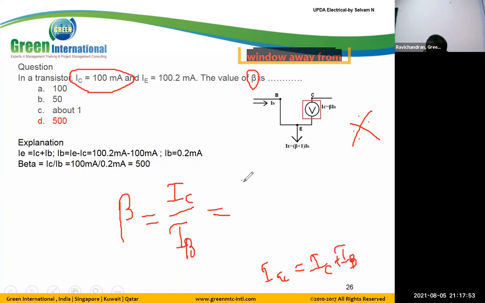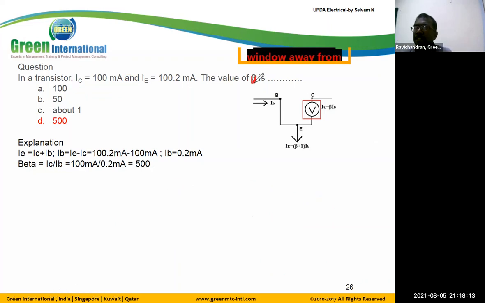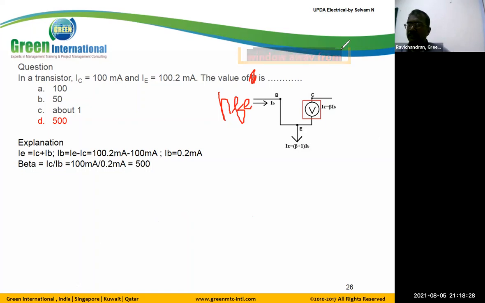From this, 100 divided by, okay. Suppose instead of beta, they ask to find the value of HFE. HFE is nothing but the current gain, the current gain for common emitter configurations.